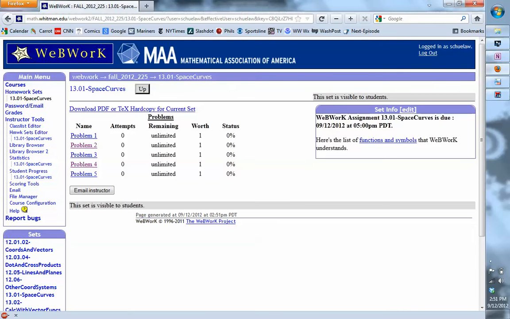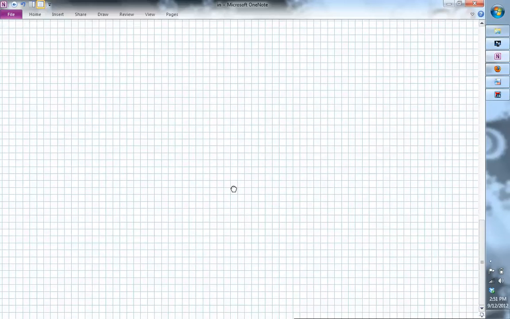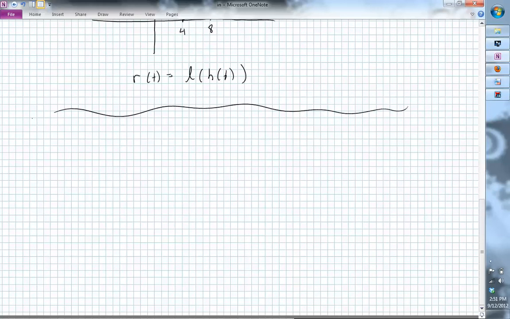All right, let's talk about differentiating space curves. So our first bit of calculus in Calc 3. Okay, differentiating space curves.